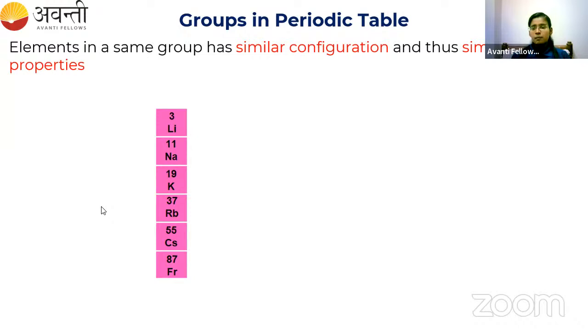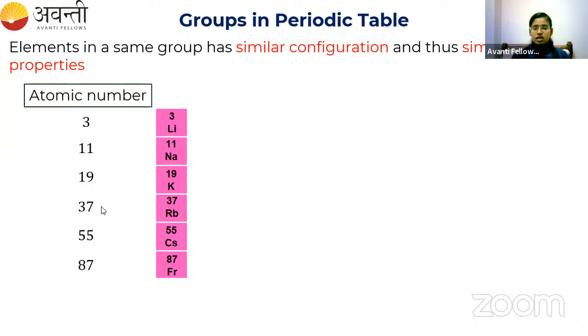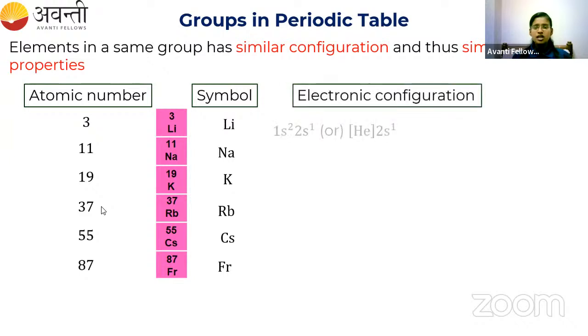The atomic number for lithium is 3, for sodium it is 11, for potassium it is 19, and so on. This is the atomic number, and the symbol is also given. Electronic configuration, if you see, for lithium it is 1s2, 2s1, or helium 2s1. Helium is the nearest noble gas configuration, whose electronic configuration is 1s2.